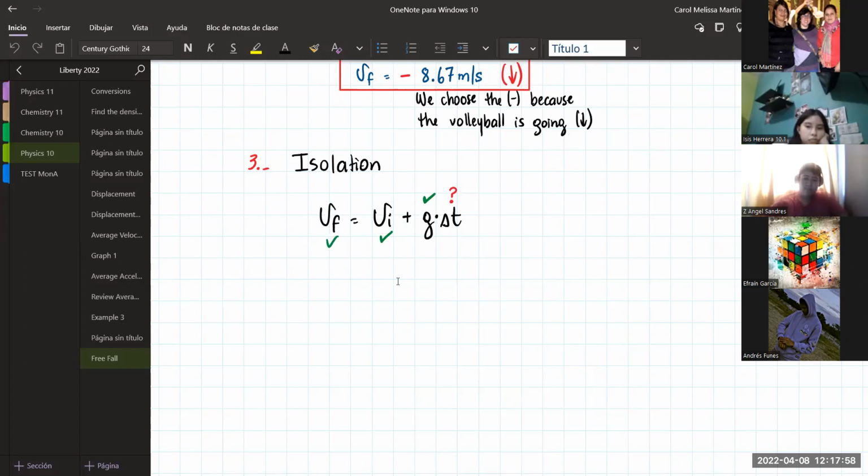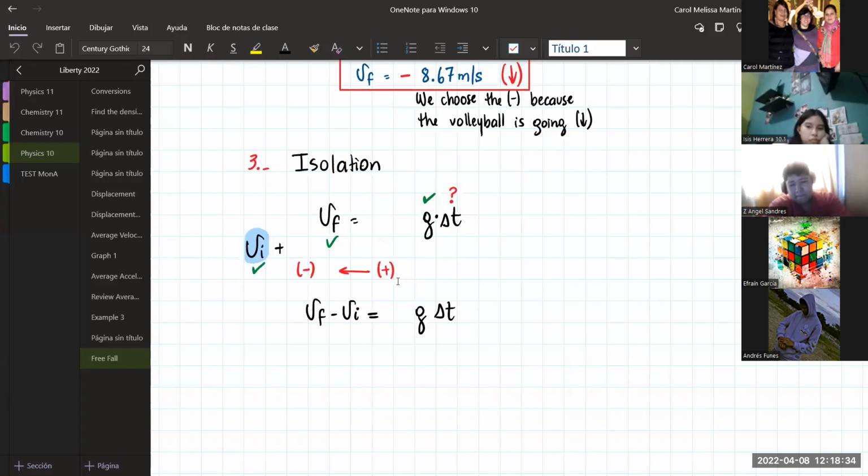So the first thing I do is move the initial velocity. Initial velocity here is adding, so when you move it to the other side, it's going to be subtracting. So my formula has changed to final velocity minus initial velocity equals gravity times time. Because if I remove this term, it's going to leave me just gravity and time alone.